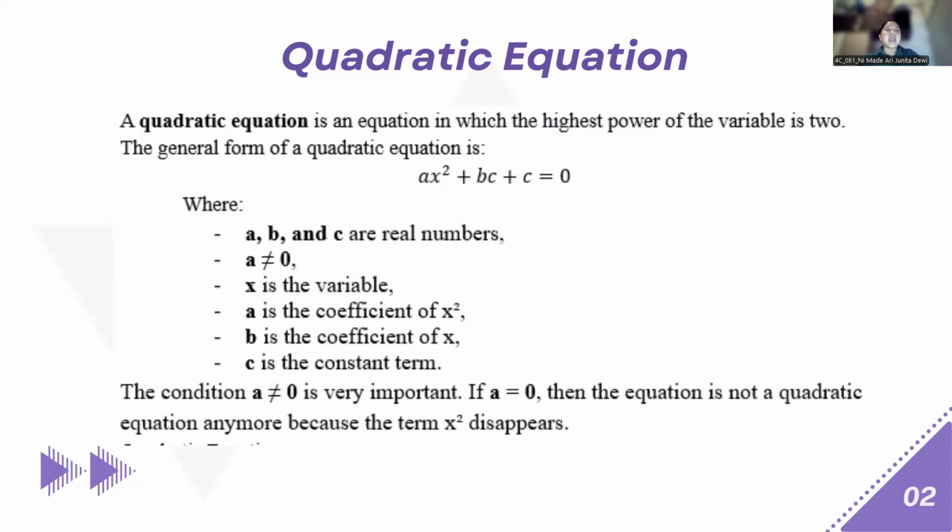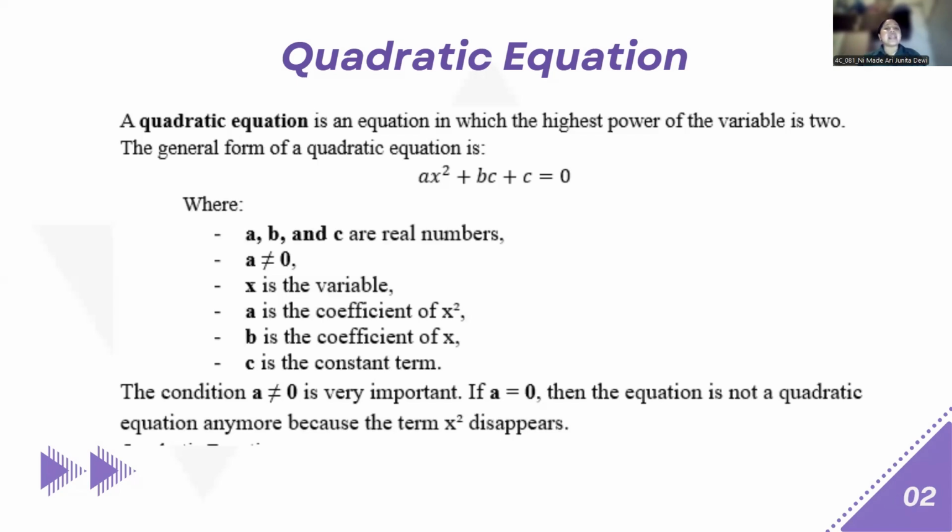In this formula, a, b, and c are real numbers and the value of a cannot be 0. And why can a not be 0? What do you think, guys? Because if a is 0, the term x squared will disappear. Then the equation is no longer a quadratic equation.